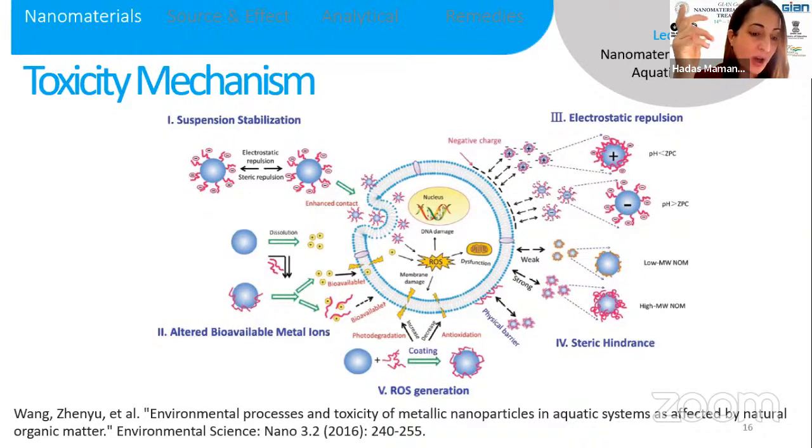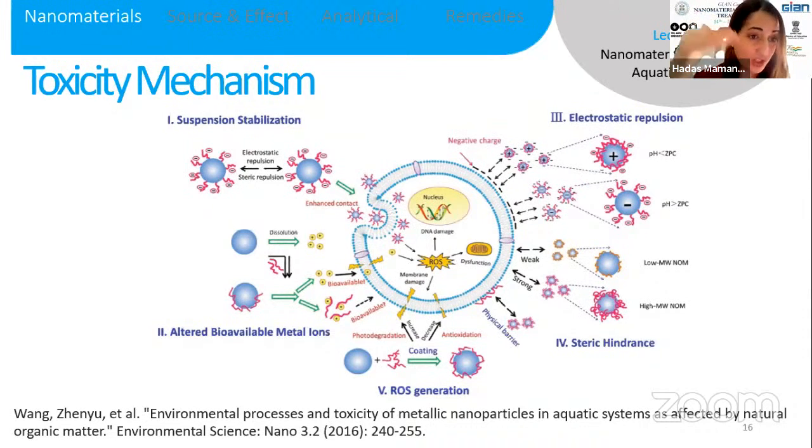And also there's an issue of steric repulsion, okay? Nanotoxicity often starts at the direct contact of the cells and organisms with metallic nanoparticles. So it has to have direct contact, okay? Although, as we showed before, dissolved ions can result in adverse effects, and that depends on the conditions that these nanoparticles are exposed to.